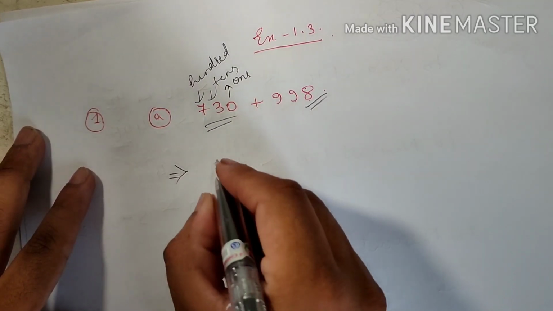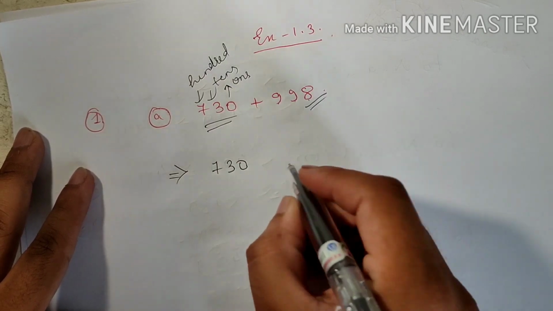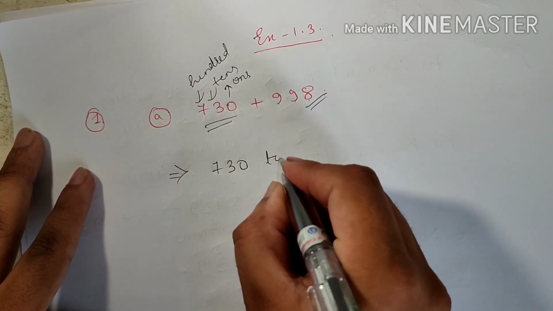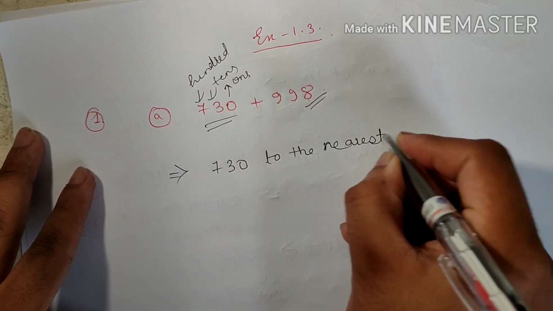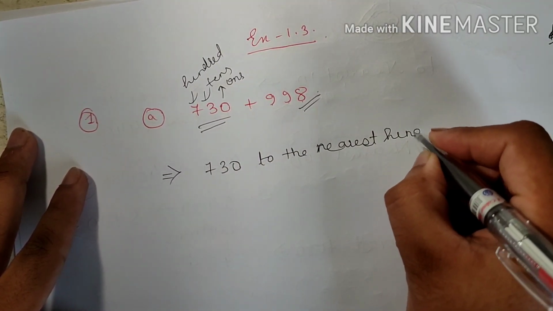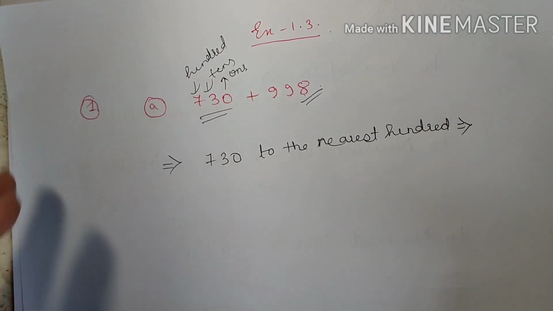Okay, so how will you replace 730 to the nearest 100? What will be the nearest 100 for 730?